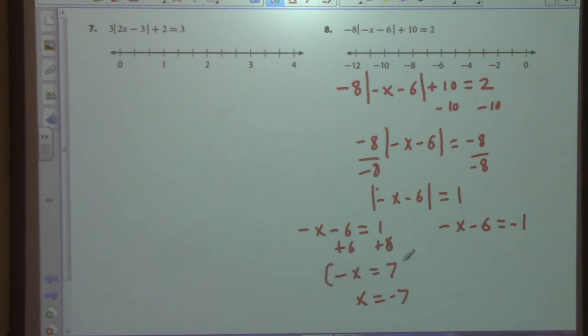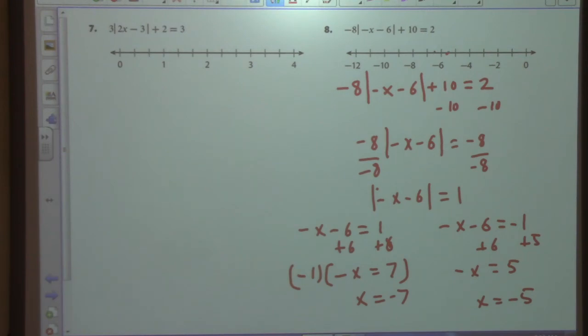You'd multiply this by negative 1, right? Then this one here you'd have, isn't that 5? So negative x is equal to 5. So x is equal to negative 5. Does that look right? So we get negative 5.